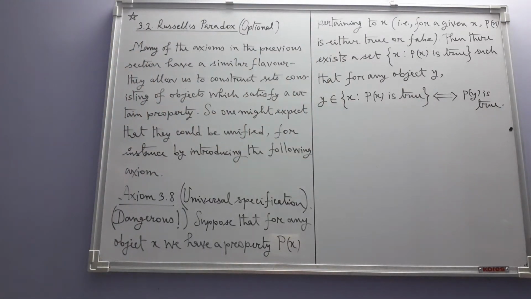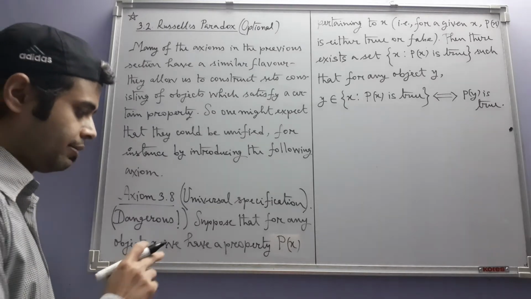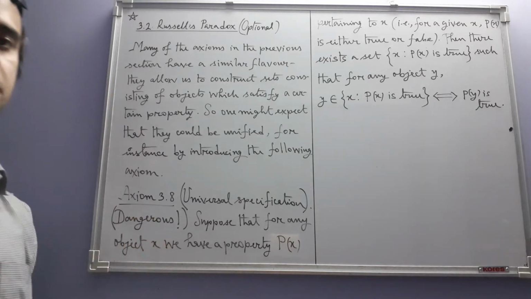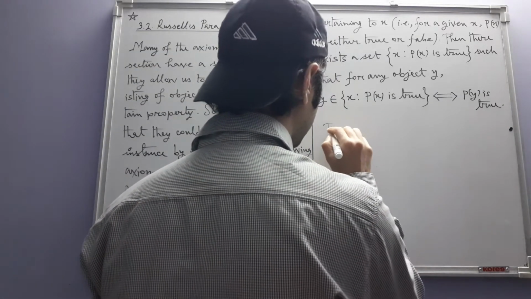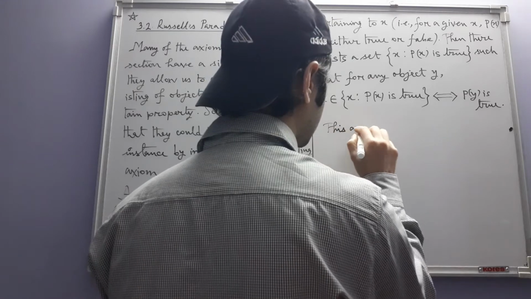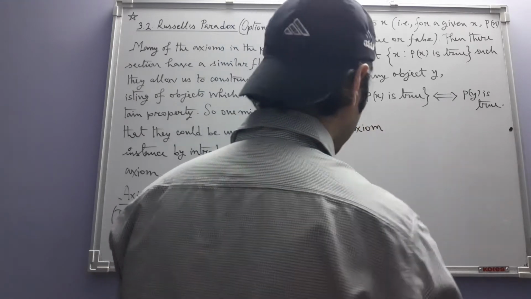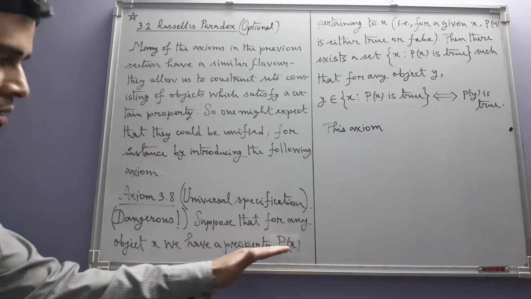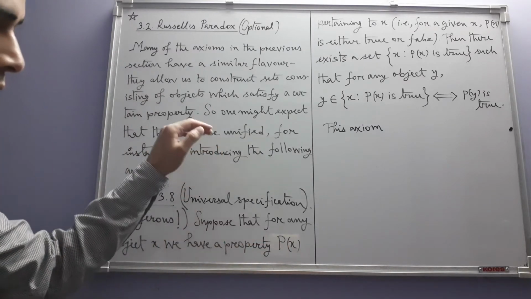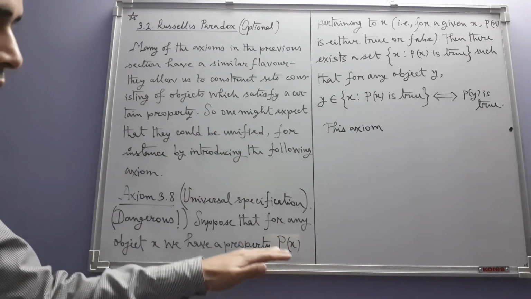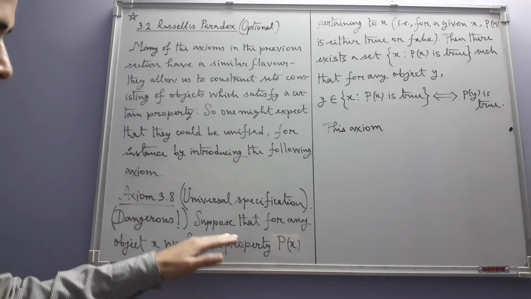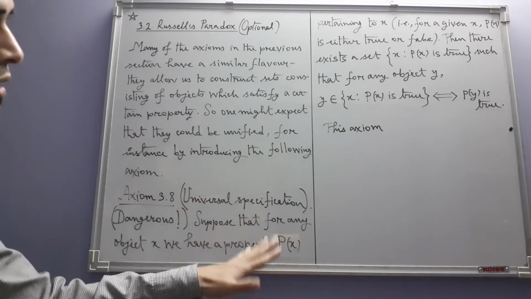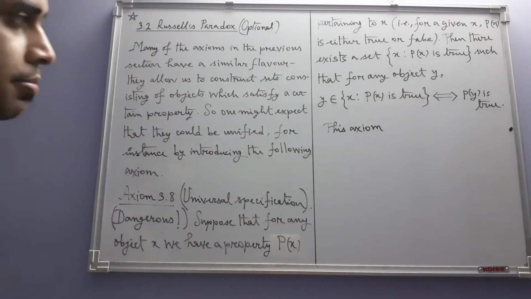So this is almost like the axiom of specification. The only difference is that the objects are not coming from some set. In the beginning of this axiom, we are just given a property. We are not given a set and a property that the objects of the set may or may not satisfy. We are just given a property. That property itself is defining a set.